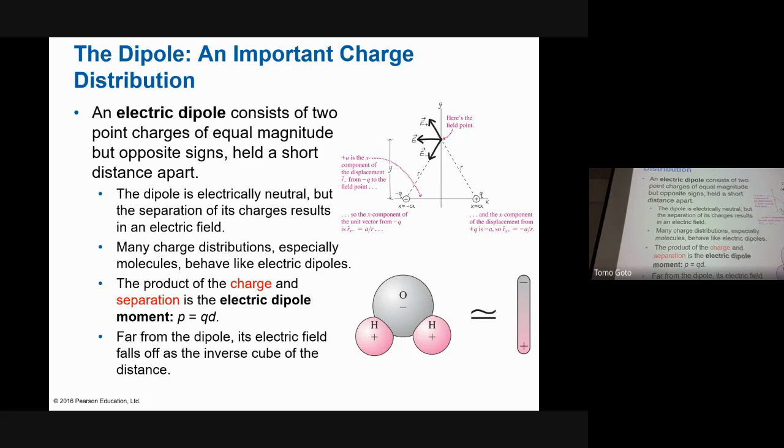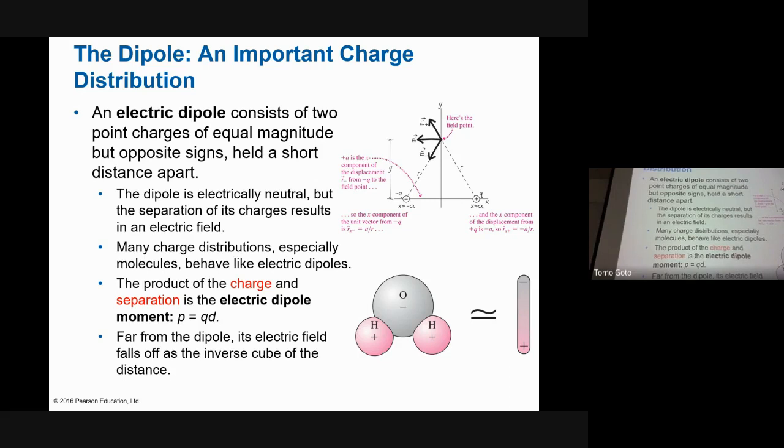So if you look at this system from a distance, it's neutral, right? Because plus one and minus one, the total is 0. However, these are opposite signs with some distance, so there should, of course, be an electric field. For example, here there's an electric field from plus to minus, right?